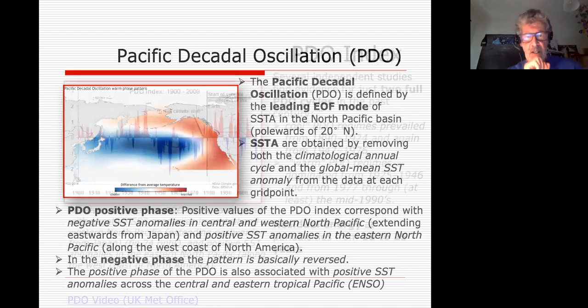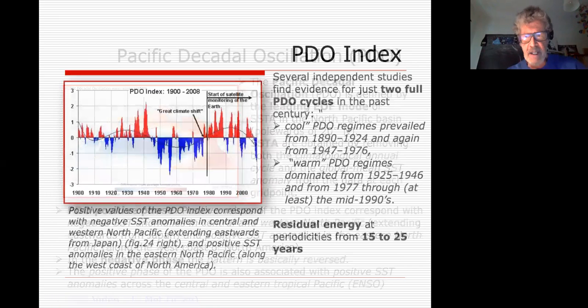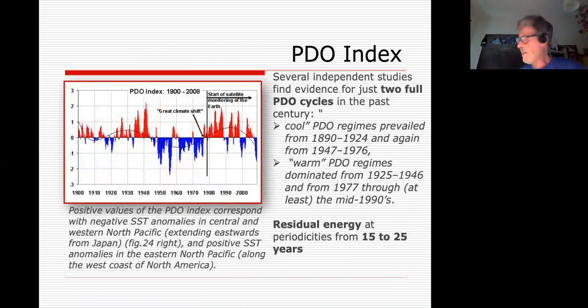And the index is the associated principal component that explains the time evolution of the first EOF.